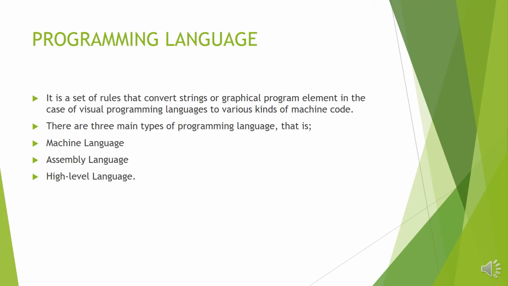So we have some types of programming language, that is the machine language. And here we must note that the computer only understands the machine language. We have the assembly language.